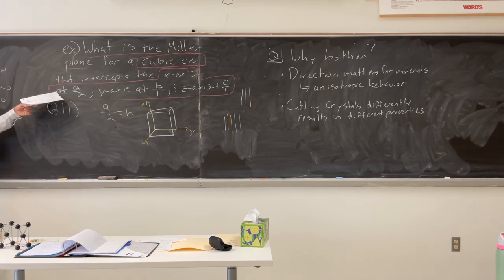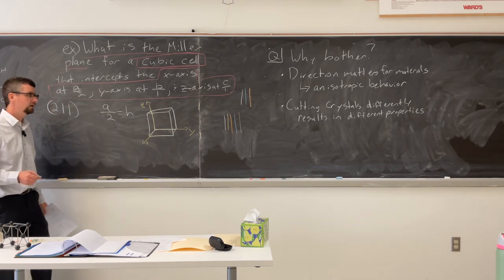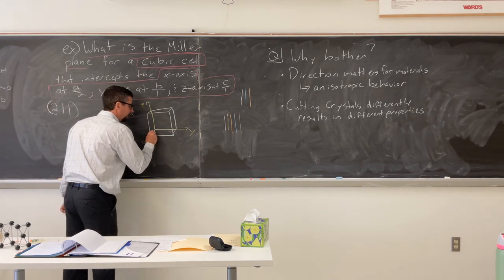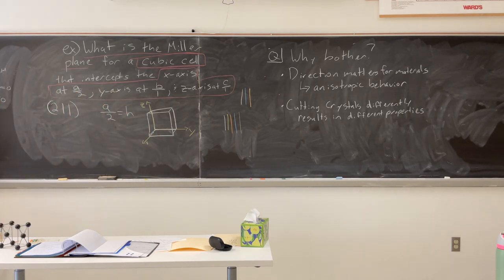Now we can indicate the points where it intersects. For the x-axis, where are we going to hit? It's at a over 2, right? So where should I draw it along here? Right in the middle. You want to indicate that with a pretty hard dot when you're drawing these, so I know you know what plane you're going with.